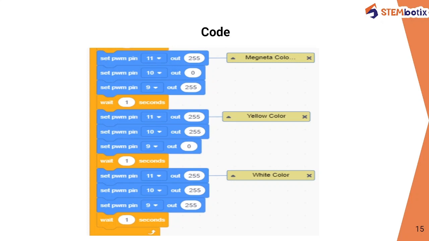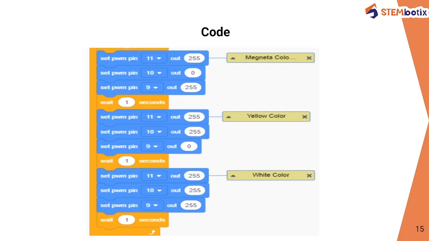When we need a magenta color, we don't need a blue color. We have just a mixing of two colors, which are red and green. So by mixing the red and green color, we have a magenta color. Same as the yellow color, as I mentioned before. When we mix red and blue, we have a yellow color. We don't need green here.